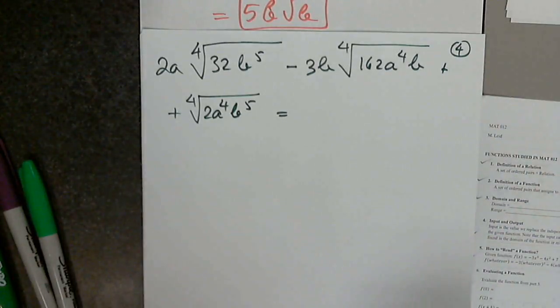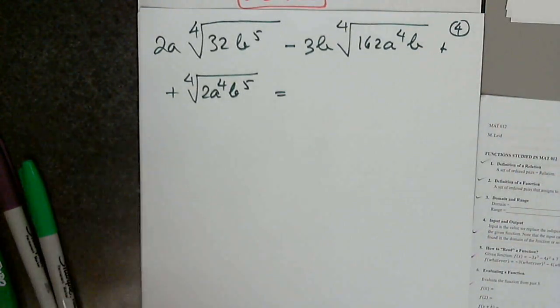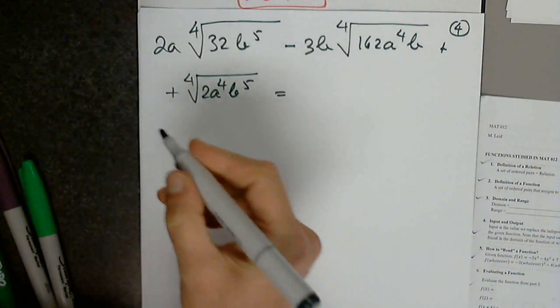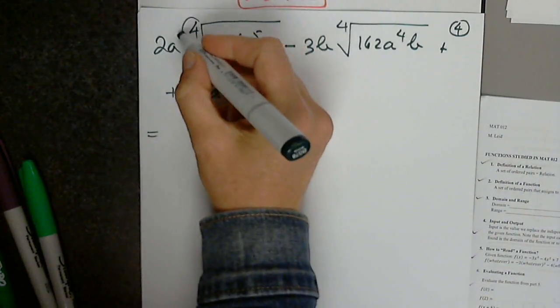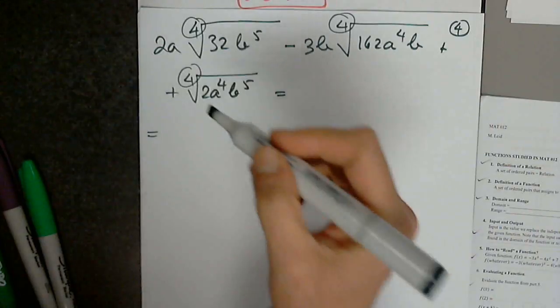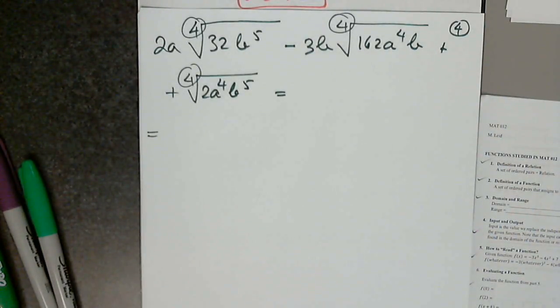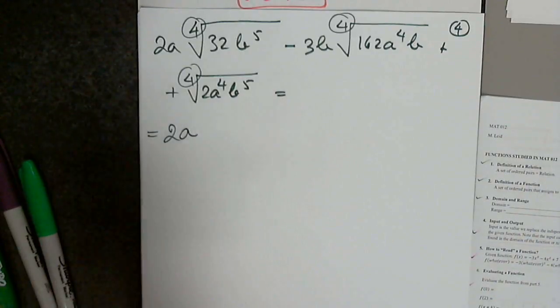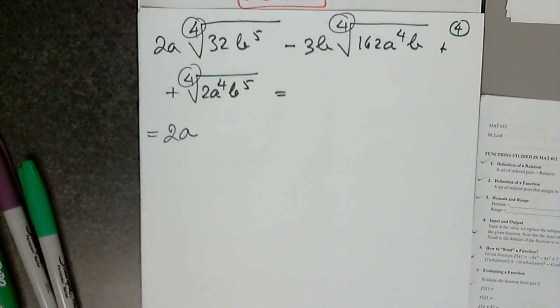I have to take each and every radical separately in a way and work on it, right? Okay. So now remember, this dictates. That's a dictator right now. Number 4, index 4. Okay, so I have 2a. So let's think in terms of the 4th root. What should I do with 32?